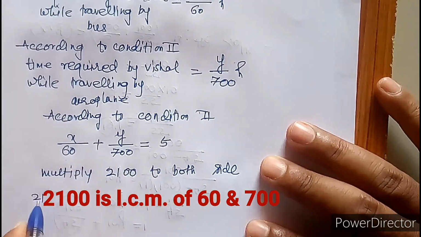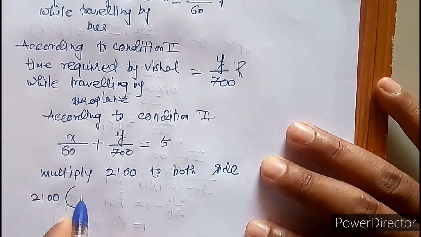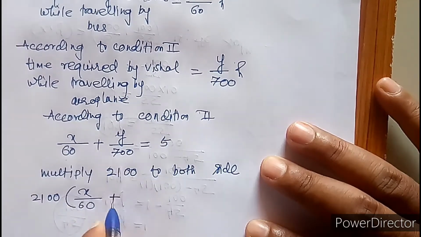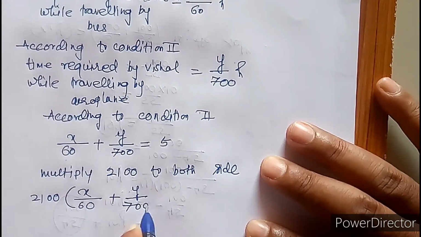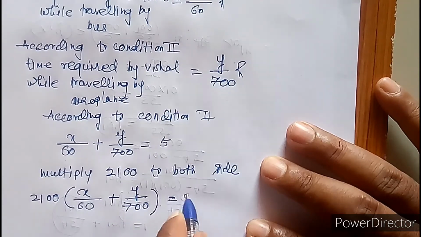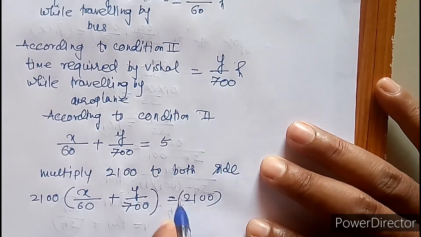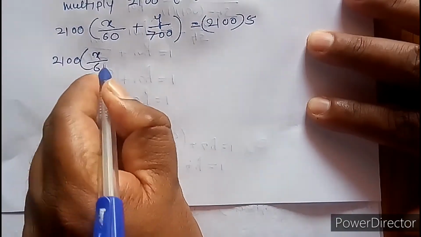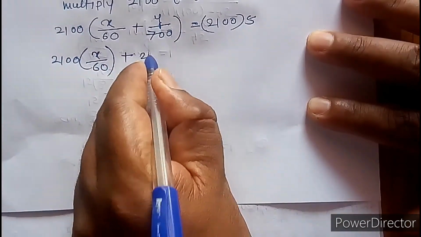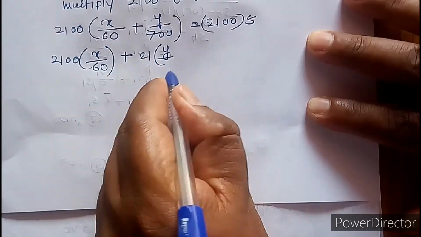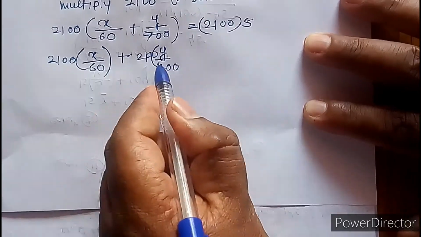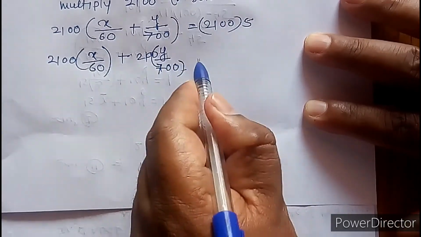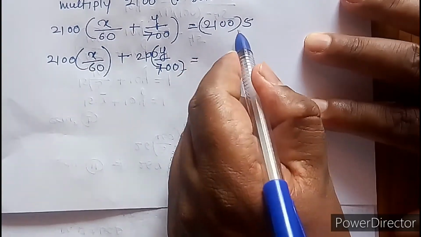Now here 2100 into x by 60 plus y by 700 equals 2100 multiplied with 5. 2100 multiplied by x by 60, plus 2100 multiplied by y by 700, equals 2100 into 5.